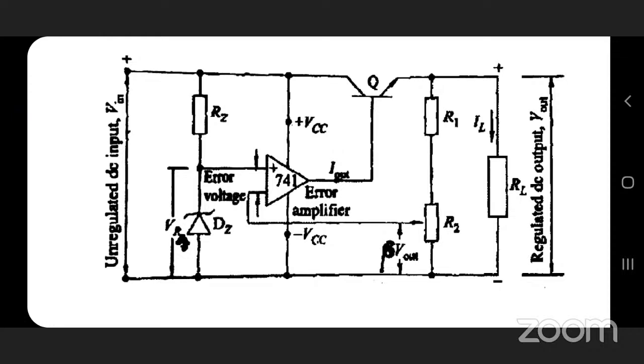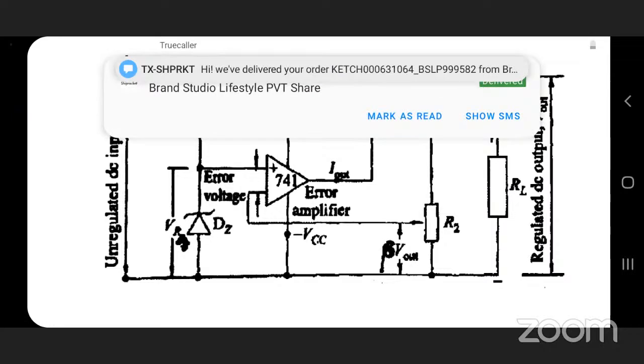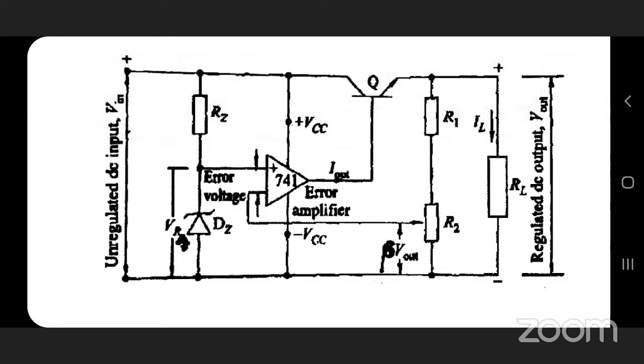The components are a resistor, a Zener diode, and also an IC, that means an operational amplifier. The op amp 741 is there, and a transistor is to be considered.